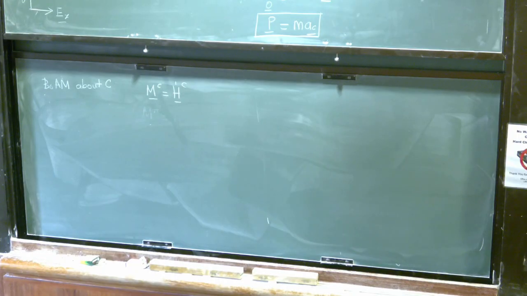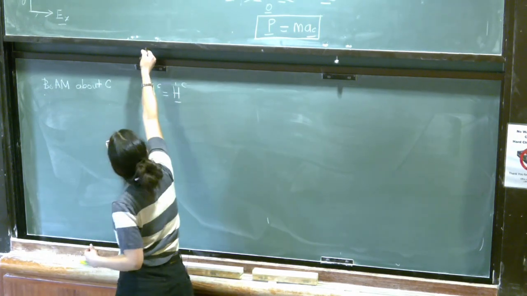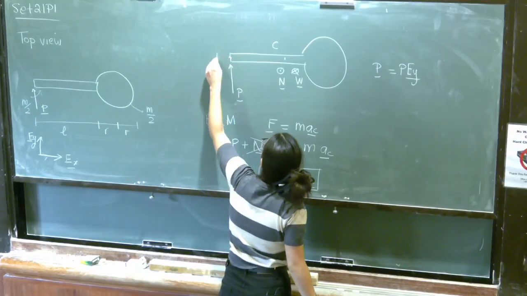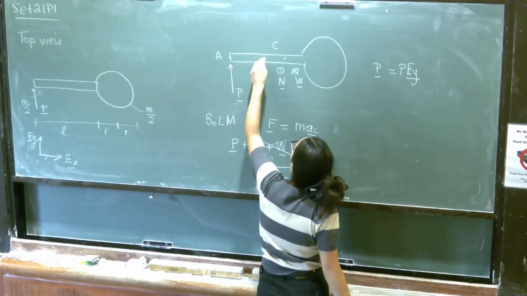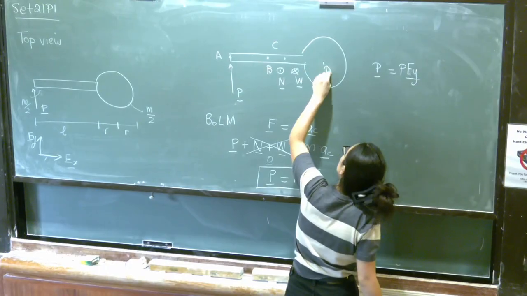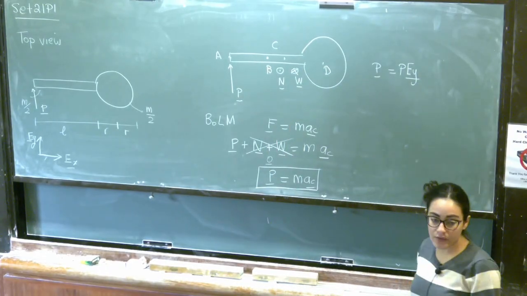Exactly. It's the distance crossed with the force. Be careful. It's the position vector. I'm calculating the moment, and the only force here that's giving a moment about the center of mass is P, right? And what is the moment of P about C? Let me call this point A. I'm going to add a few points here: B, C, D. So A is the end of the shape.